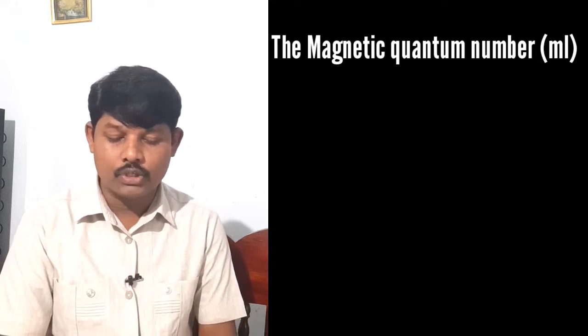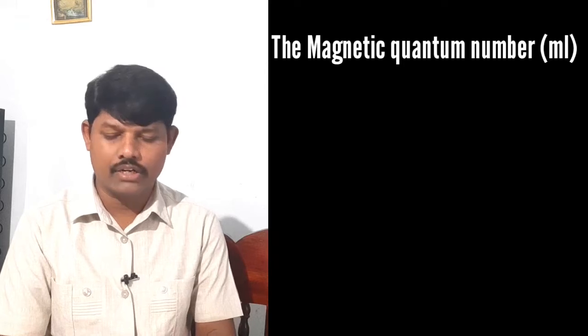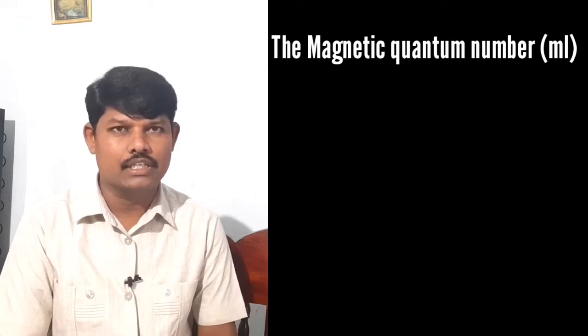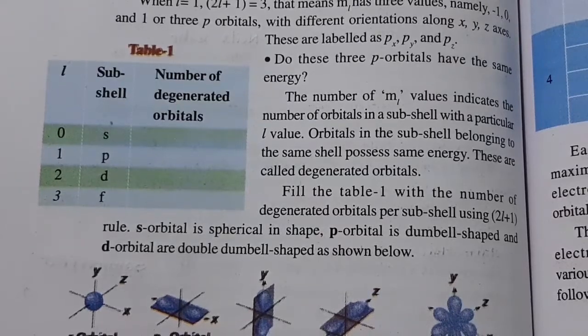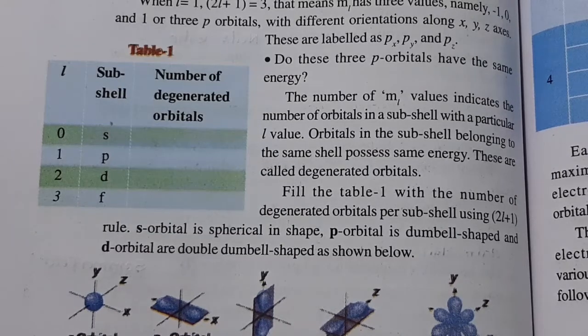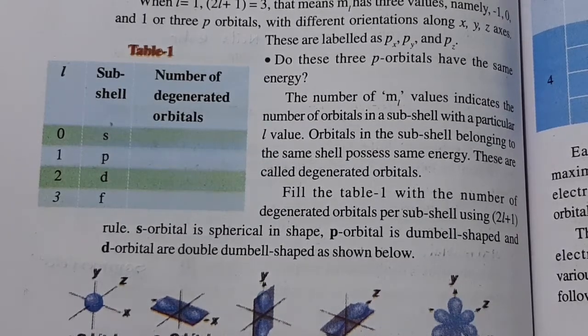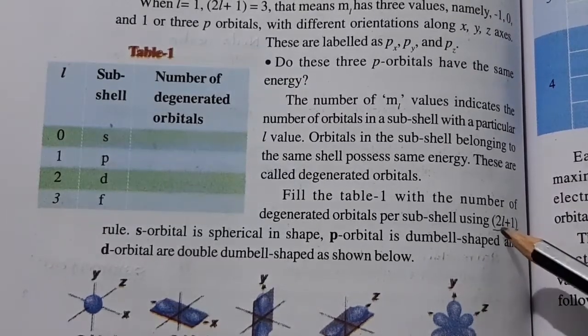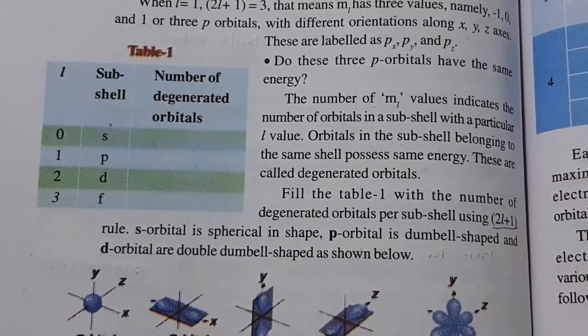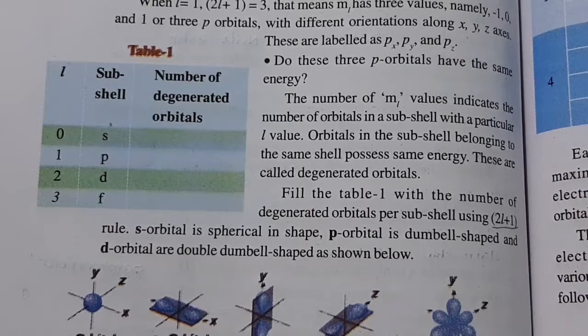How many degenerate orbitals are there? We have to find out. Fill the table 1 with the number of degenerate orbitals per subshell using the 2l plus 1 rule, and find out the number of degenerate orbitals present in subshells.